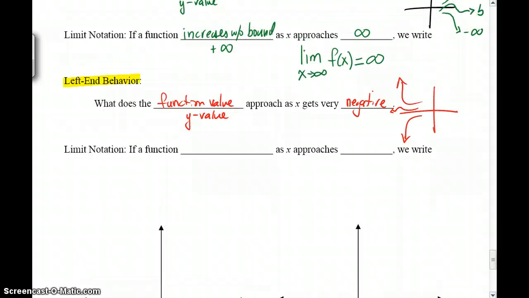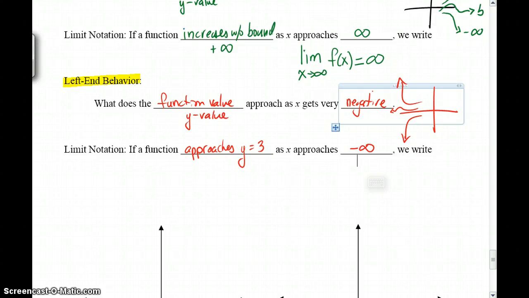Well, let's talk about what happens if it goes to some number in between. So if a function approaches, I can barely spell, let me rewrite that, approaches a value, y equals, let's say, 3. Oftentimes you see this with a horizontal asymptote. If the function approaches y equals 3 as x approaches negative infinity, how would I express that?